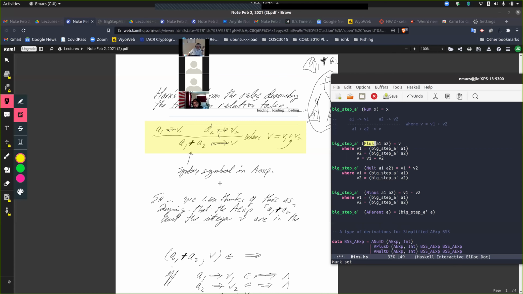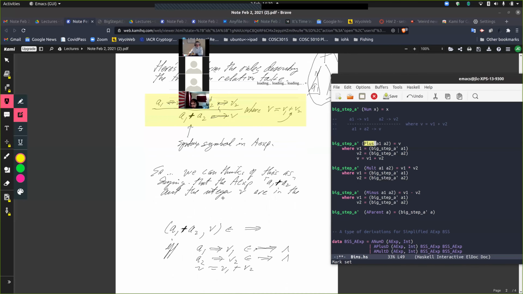Does that make sense? Now, why not have division? Well, there are a few reasons not to have division. Perhaps the main one is that every time we want to prove something about this language, we have to consider every possible constructor in the language.